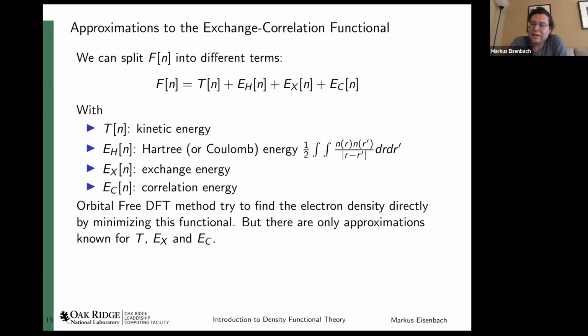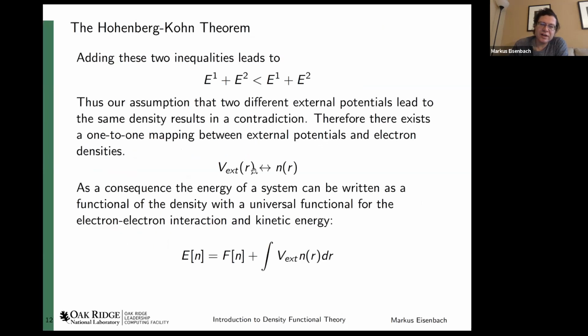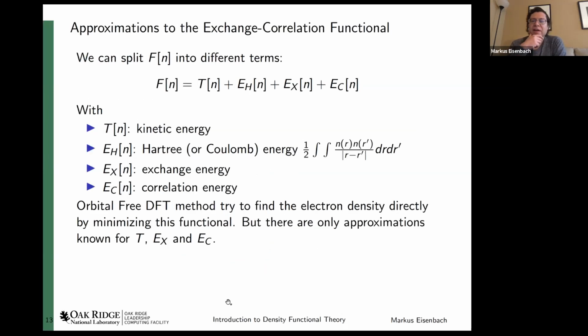There is actually a small number of methods that fall under the orbital free density functional theory category that try to find the stationary density n that minimizes this functional. So you could directly find n by minimizing this Hohenberg-Kohn functional down here.